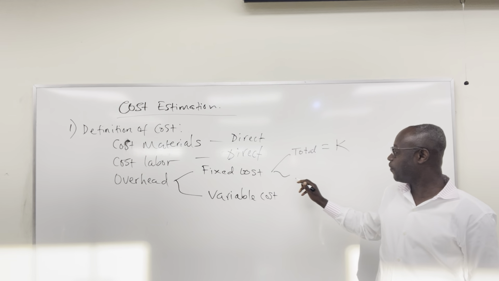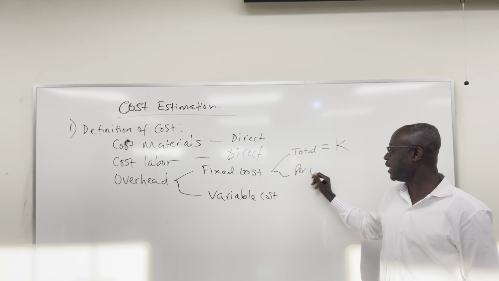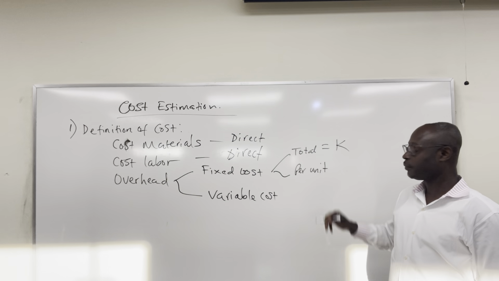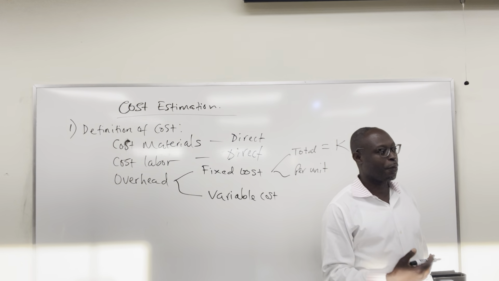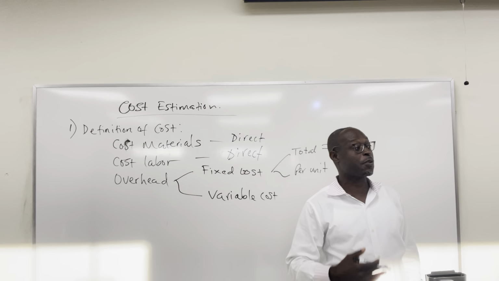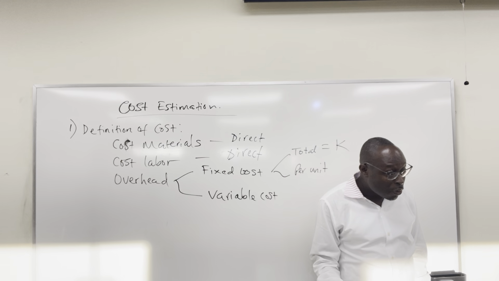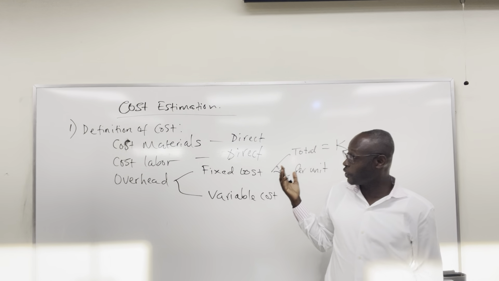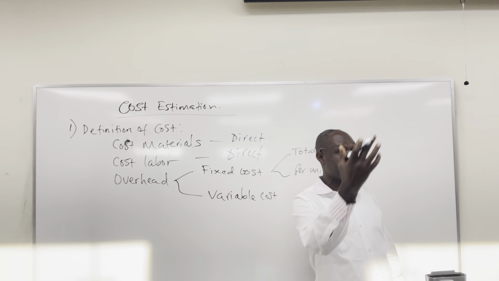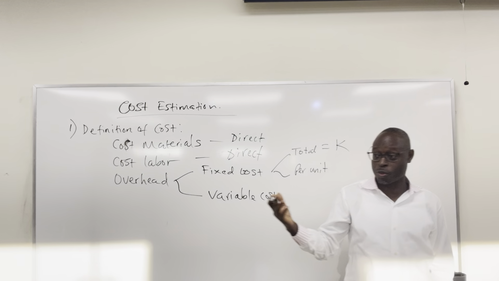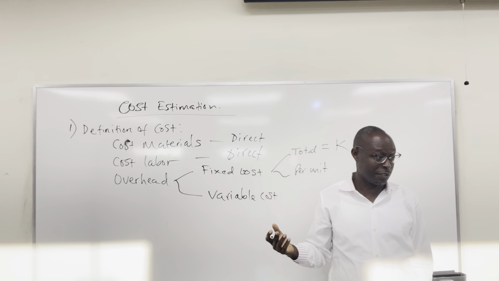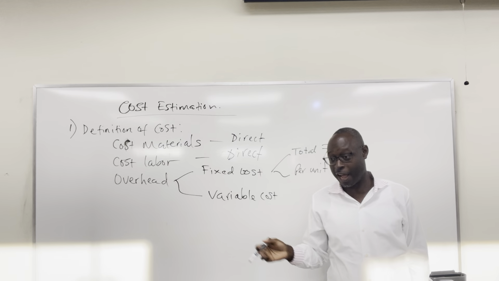But if you define a fixed cost in terms of per units, as you divide it by the number of people, you divide it by the number of products, it is going to reduce. Right? Because if the fixed cost, for example, to run this room, the utilities cost, to run this room, we know is $10,000. In total, it's going to be $10,000.